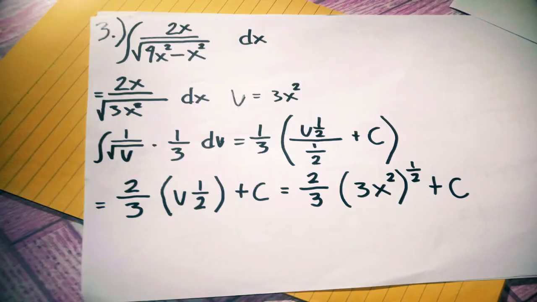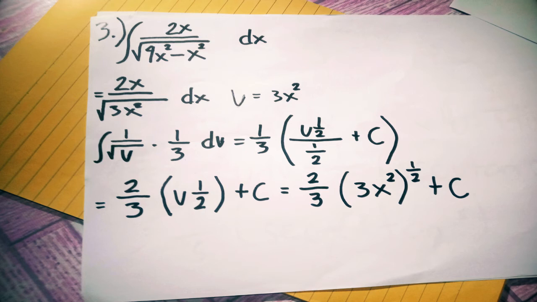Number 3, the integral of 2x over the square root of 4x squared minus x squared dx equals 2x over the square root of 3x squared dx, u equals 3x squared.